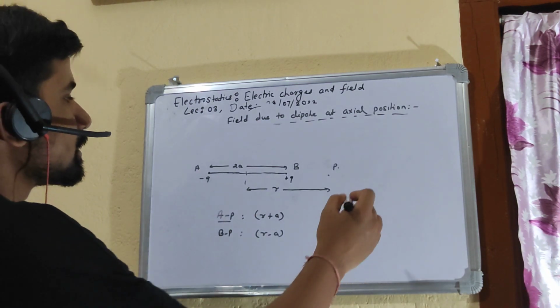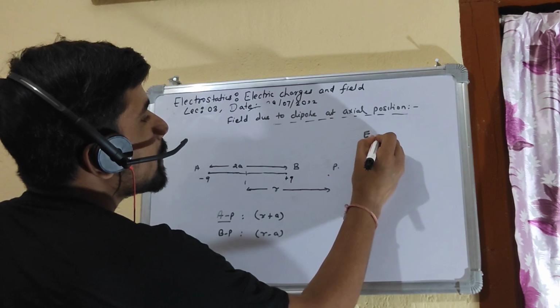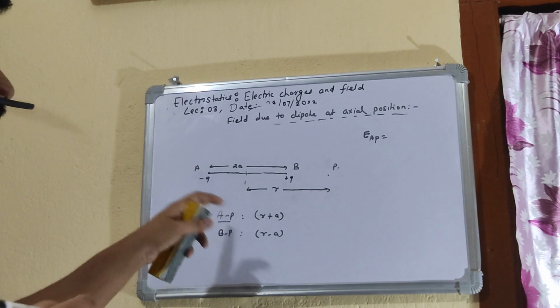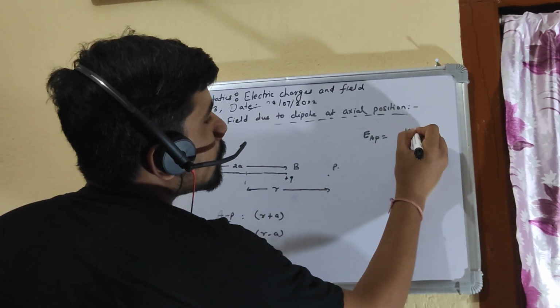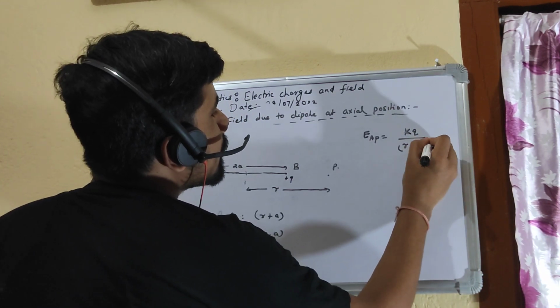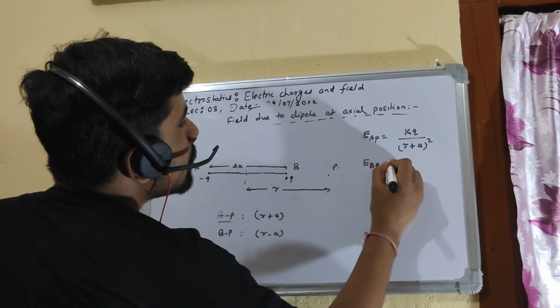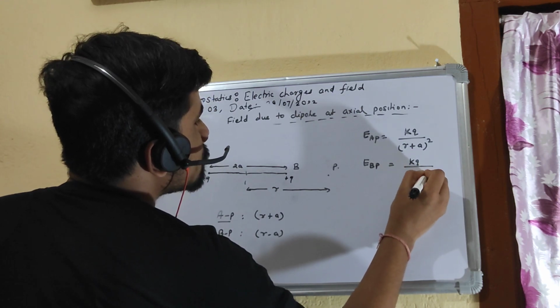So now you can say the electric field because of A on P will be kq by (r plus a) square, right? And the electric field by B on P will be given by kq by (r minus a) square, right?